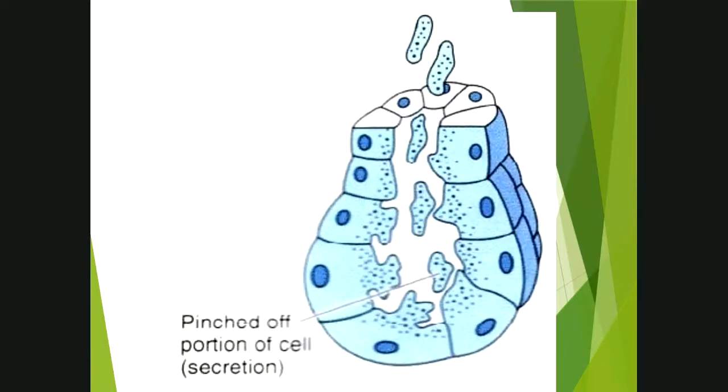And so what we're going to see when we look in here is we're going to see short cells because the top is already pinched off. And we're going to see tall cells where the product is building up and it's about to be pinched off. Any questions about apocrine?